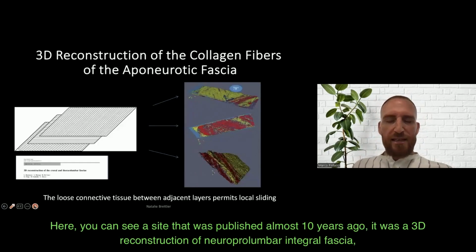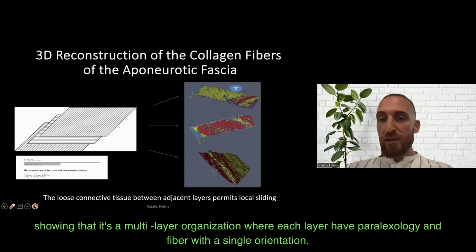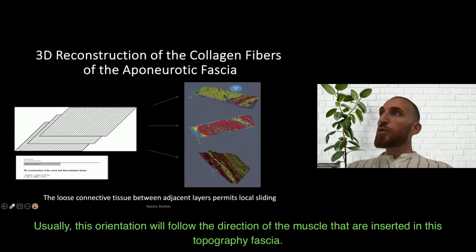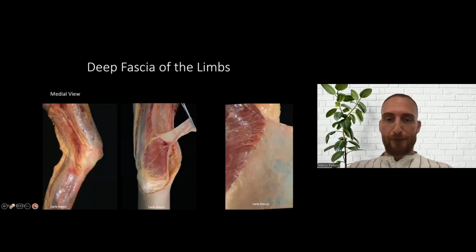Here you can see a study that was published almost 10 years ago. It was a 3D reconstruction of the thoracolumbar and crural fascia, showing a multi-layer organization where each layer has parallel collagen fiber with a single orientation. Usually this orientation follows the traction of the muscles that are inserted in this aponeurotic fascia.